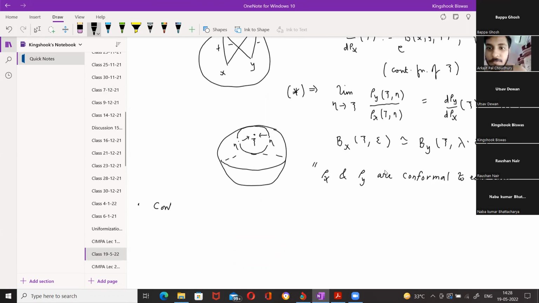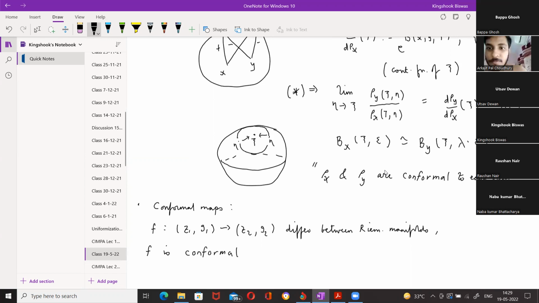So if f from Z1 G1 to Z2 G2 is a diffeomorphism between Riemannian manifolds, then we say f is conformal if f preserves angles, right?